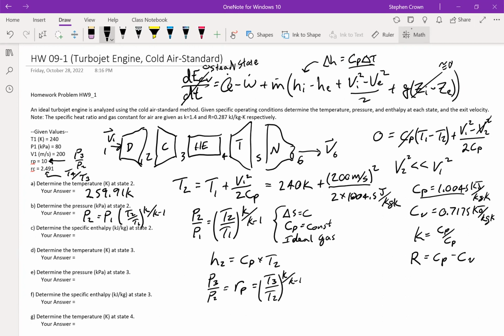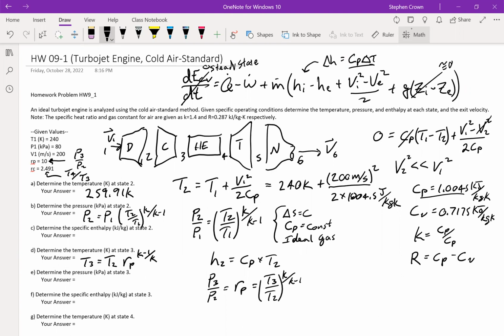So we can solve for T3, and we get that T3 equals T2 times Rp to the K minus 1 over K, just with algebra.